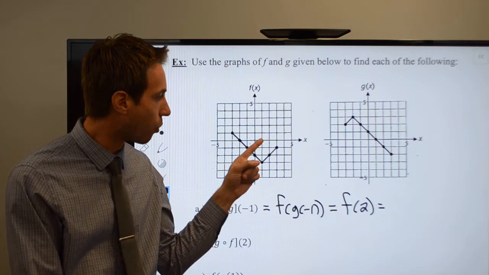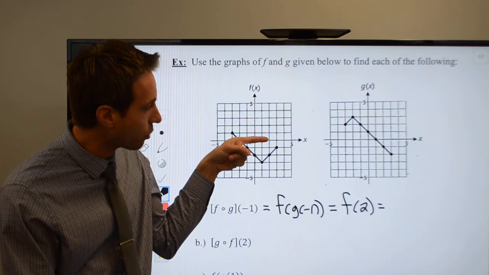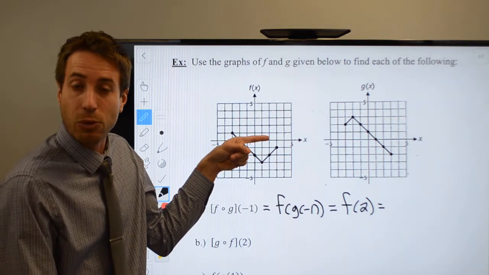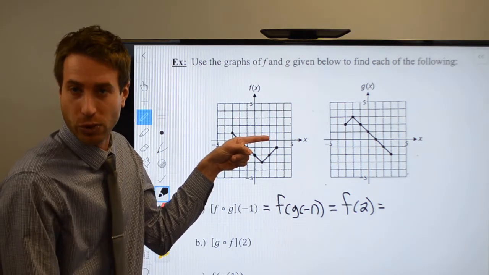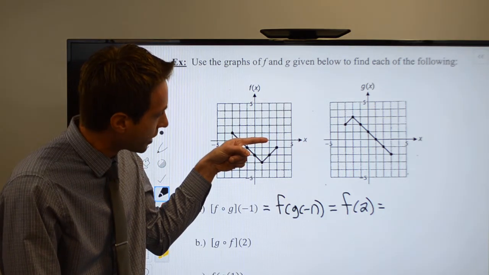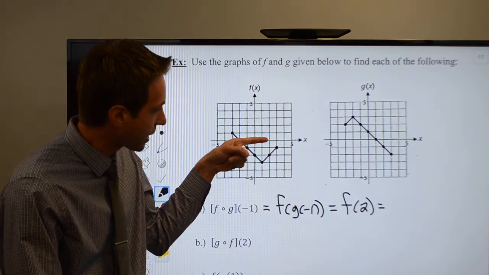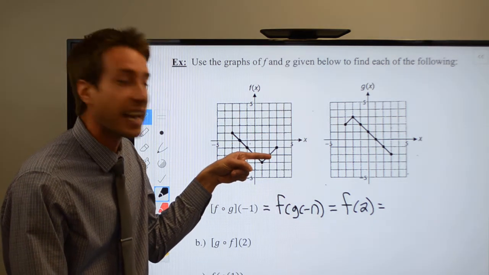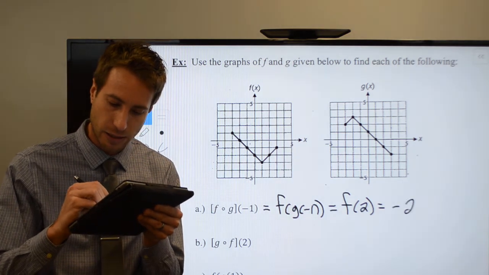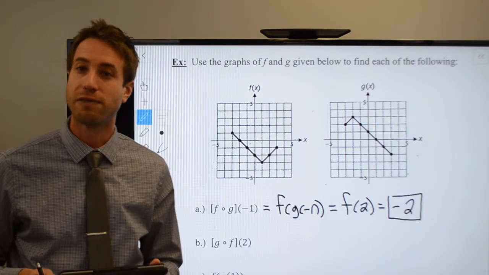So, +1, +2 right there. That's my domain value, +2. My range is going to be what f gives me back when I plug in a +2, which is going to be whatever the value of the function is, which on my graph looks like -2. -2 is what f gives me back, which is going to be your final answer.